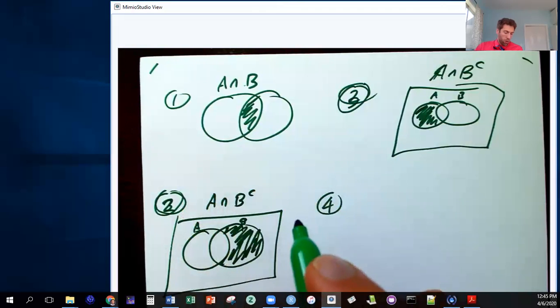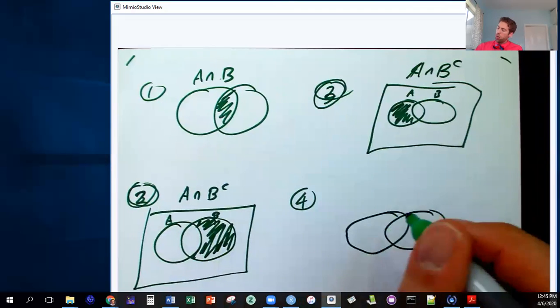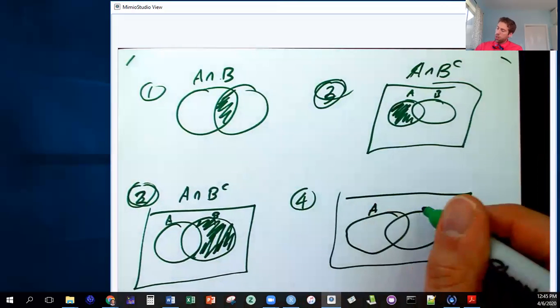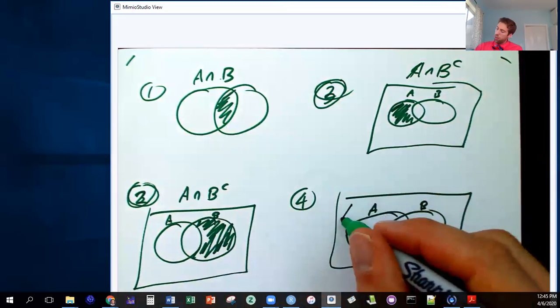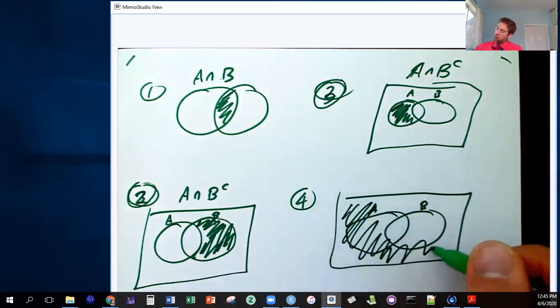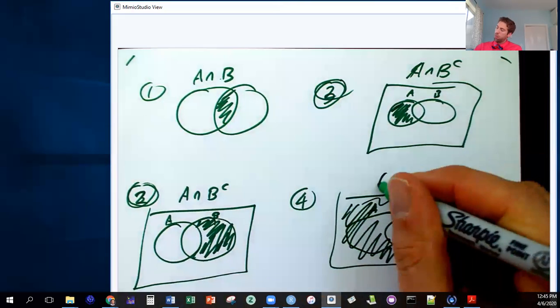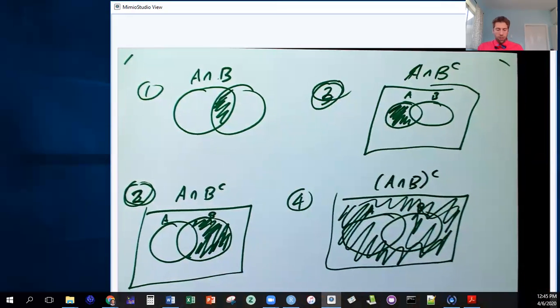And then for four, A intersect B complement. For this one, we're going to color in everything that's not in there as a complement of that. So that'd be all of this. Okay, so those are Venn diagrams.